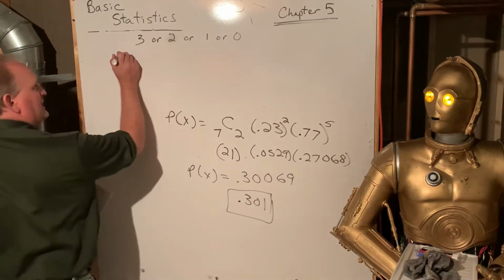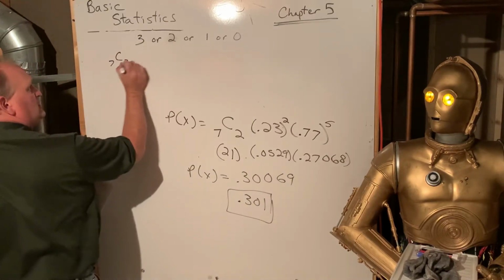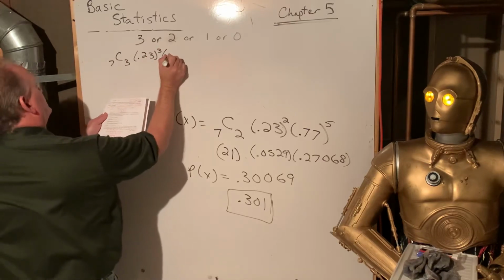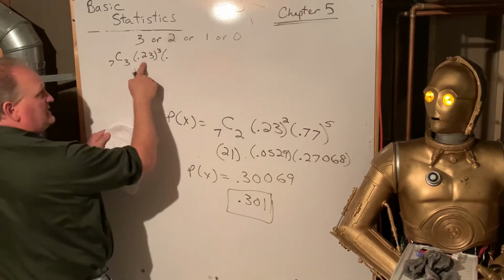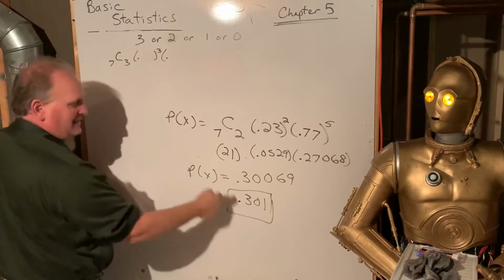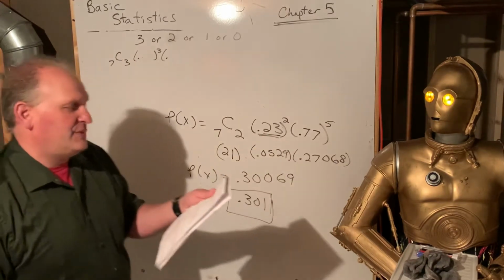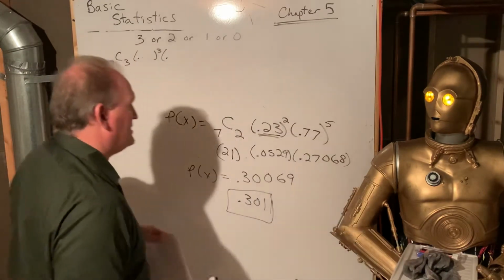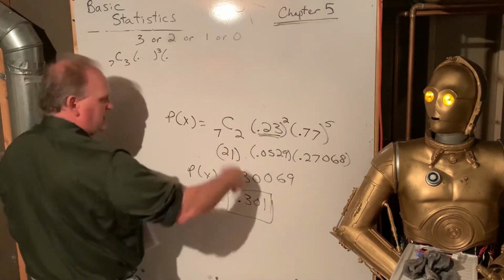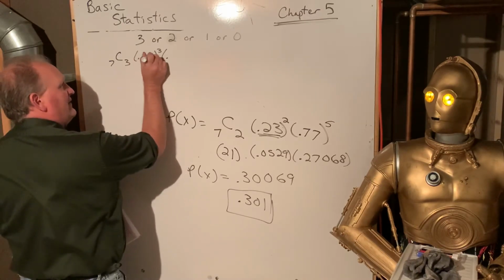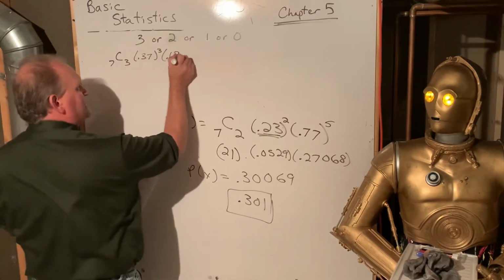So 3, that's going to be 7 choose 3, 0.23 to the 3rd. This is a 37. Oops, sorry. Oh man, then we don't get to use this because they changed the probability; I thought it was the same. It's 37%, not 23%. So we don't get to use this. I can erase that. All right, so it's 37 there, which means that's 63 there.